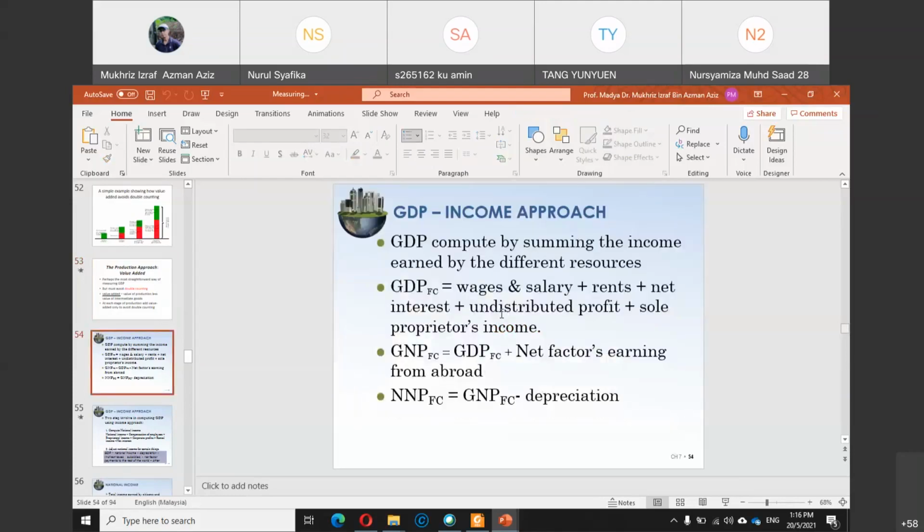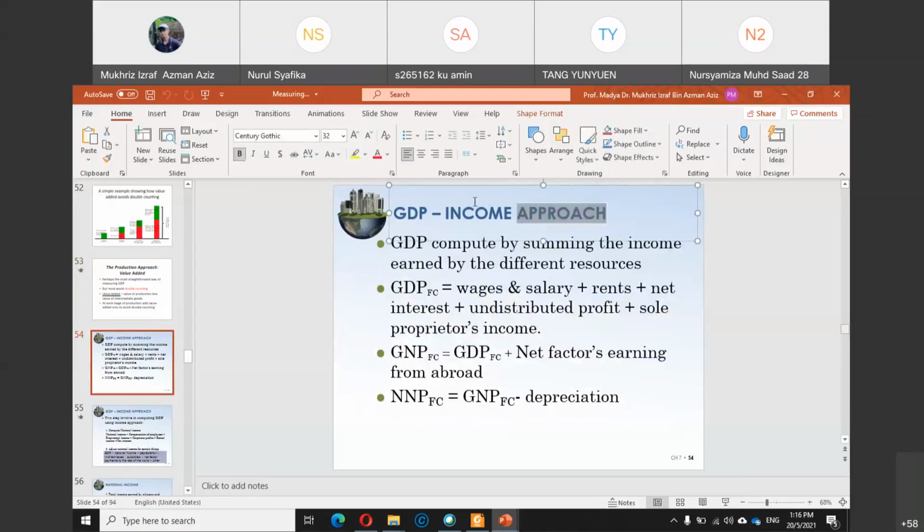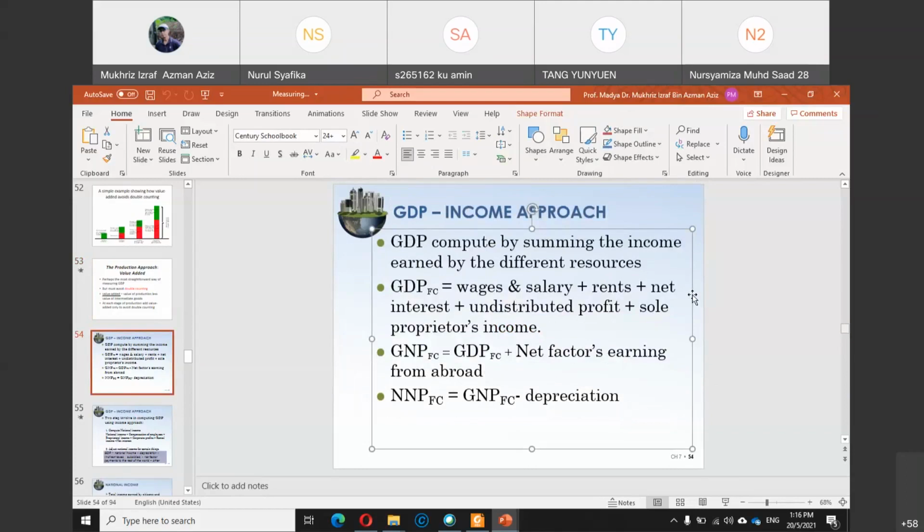The last method, the third method that we're going to discuss today, is the income approach. The word income is money received from salary, from wages, from profits. So that is the basic idea of the income approach. Basically, it is summing, adding all the income earned by different resources.